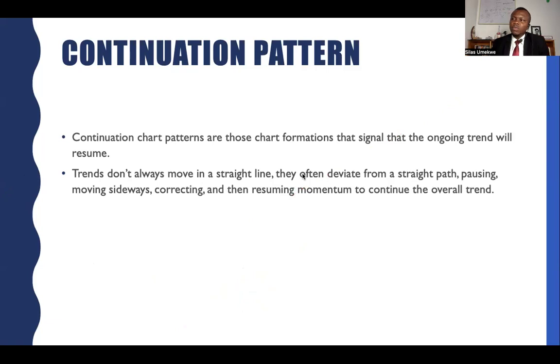So trends don't always move in a straight line. They often deviate from a straight path, pausing, moving sideways, correcting, and then resuming momentum to continue in the overall trend. When we talk about trends, we are going to understand that we have major trends, intermediate trends, and minor trends.